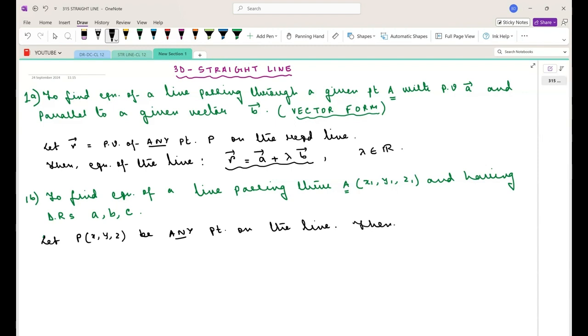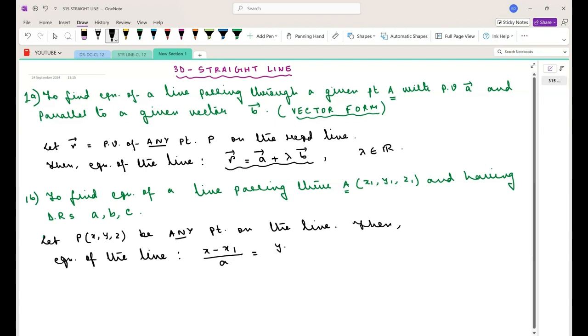Then the equation of the line is (x minus x1) by A equal to (y minus y1) by B equal to (z minus z1) by C. Now, please note one thing. Though I am saying it is x minus x1 by A, this is not a division sign. Please remember, this sign is not a division sign. It is just a way of writing and saying.